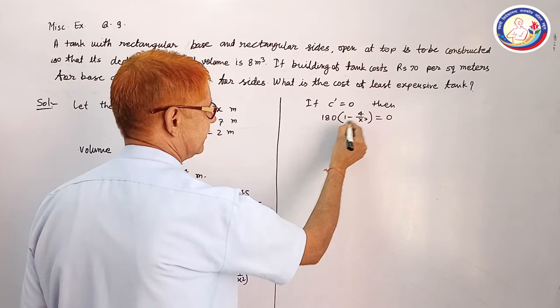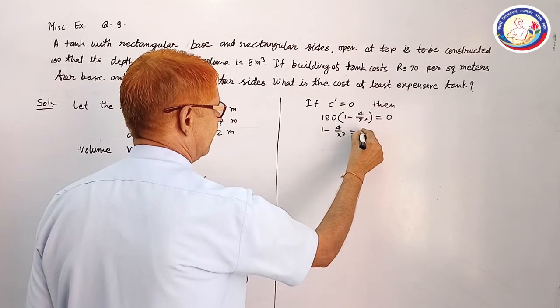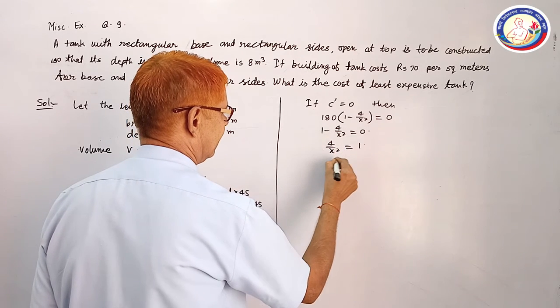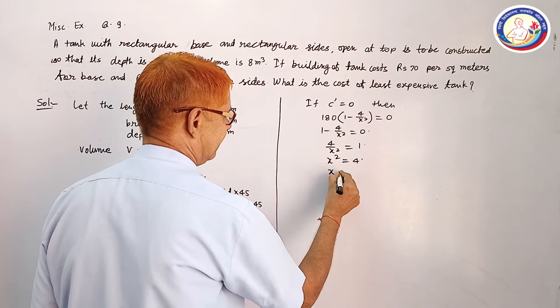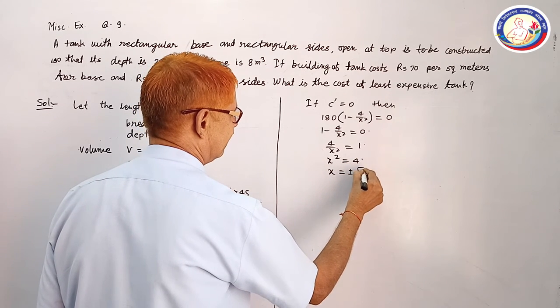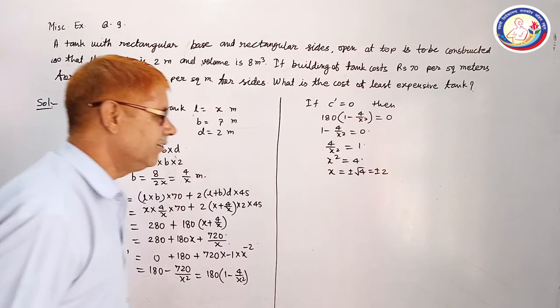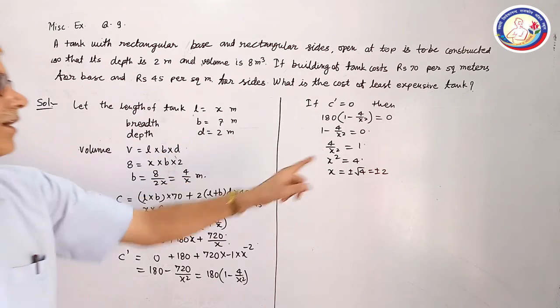This gives 1 minus 4 by x square equal to 0, so 4 by x square equal to 1, x square equal to 4. This gives x equal to plus minus square root of 4, which is plus minus 2. But we will use only the positive value because the length of a tank can't be negative.